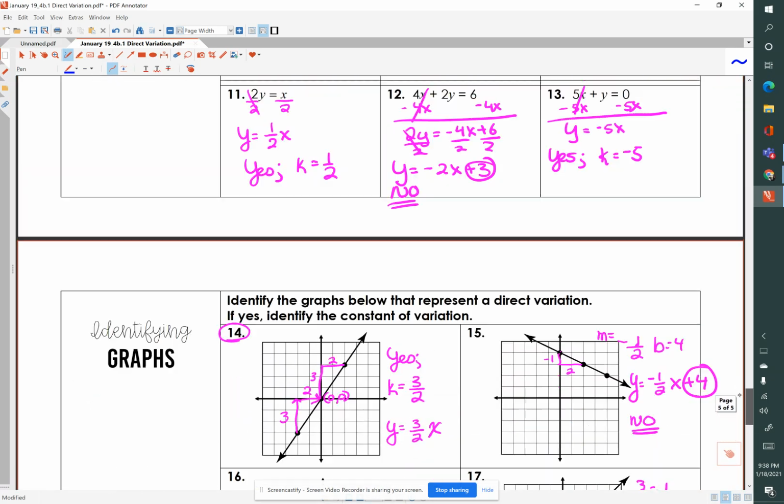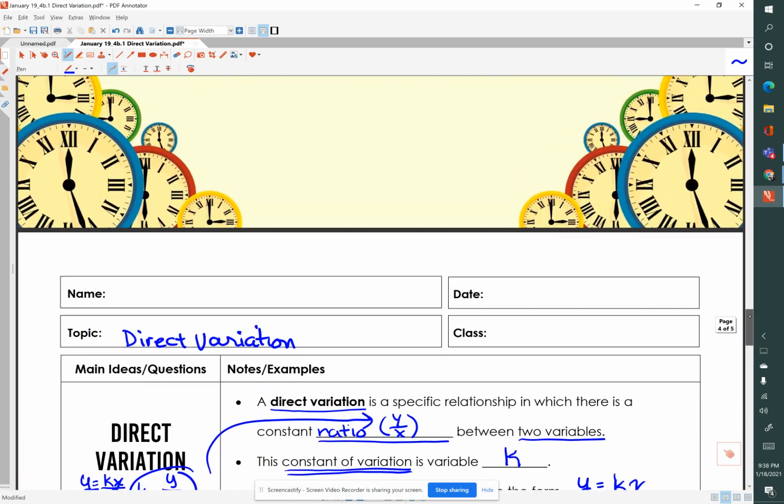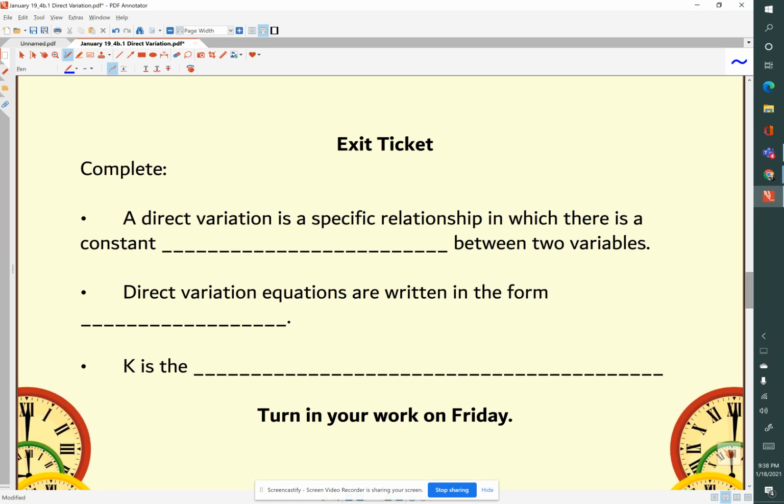So that's direct variation. Intuitively, all along, I think you kind of understood it because we've been working so much with linear equations, but now you have this very special relationship. You've noticed the graphs all go through the origin, and there's a constant variable, k, which is our constant of variation.